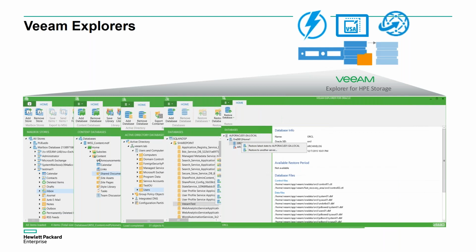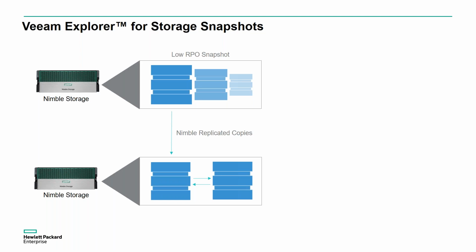And we have the same functionality for Oracle as well, that granular recovery using our Explorer for Oracle. So we do have the Explorer for storage snapshots. As I mentioned a minute or two ago, even if we haven't created those storage snapshots, we have the ability to index, reference them, and recover from them, which we'll be seeing just in a second.